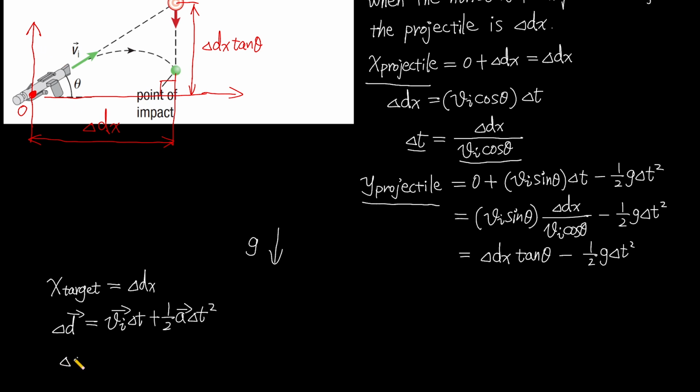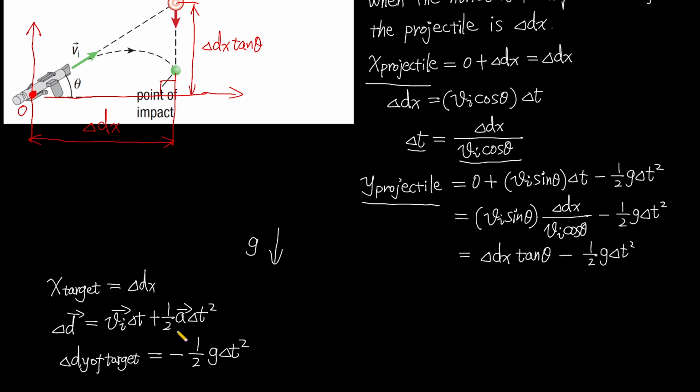So the vertical displacement of the target equals, because its initial velocity is 0, negative 1 over 2 multiplied by acceleration g multiplied by delta t squared. This is negative because the actual direction of acceleration g is opposite to the positive direction.